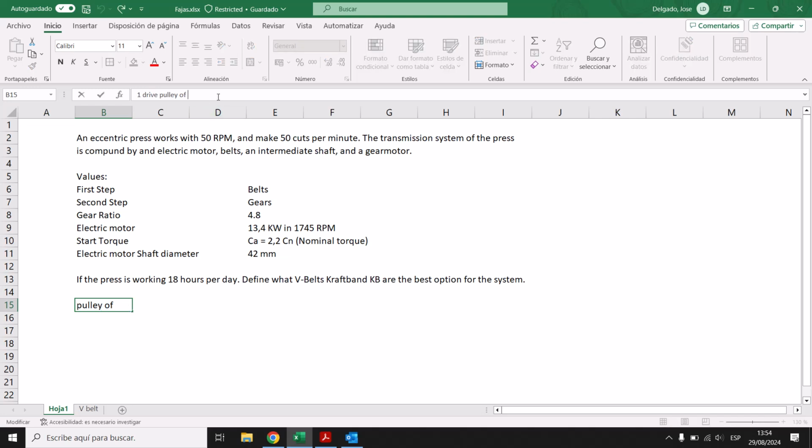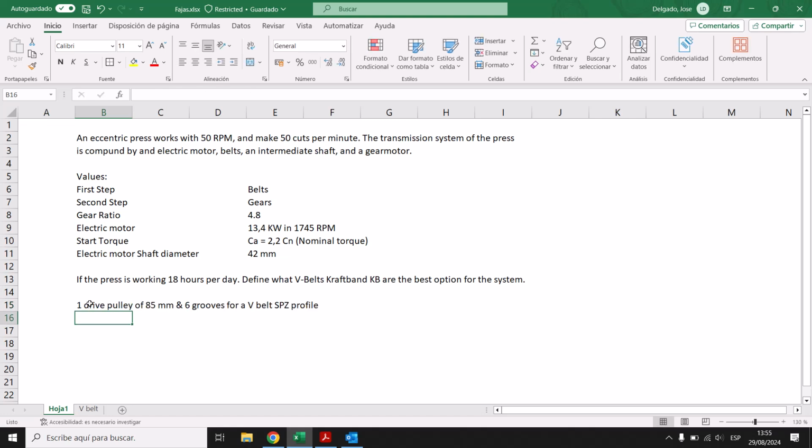One drive pulley of 85 millimeters and six groups for a V belt with an SPZ profile. Okay.